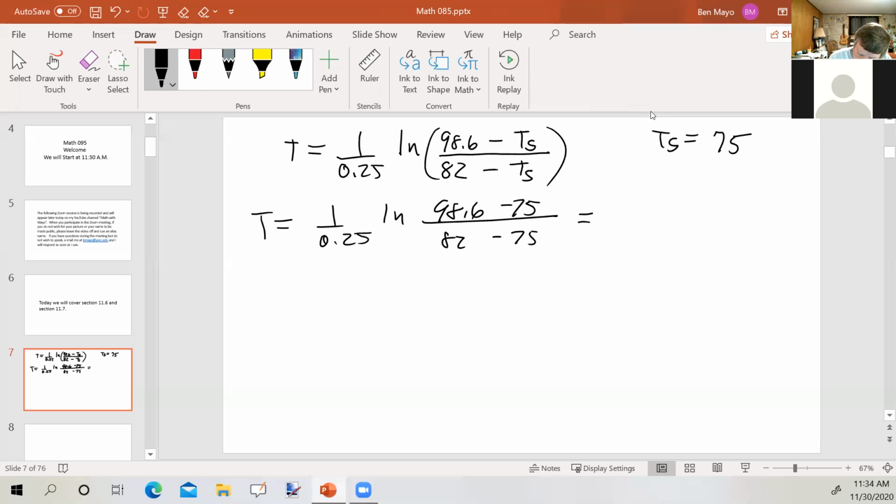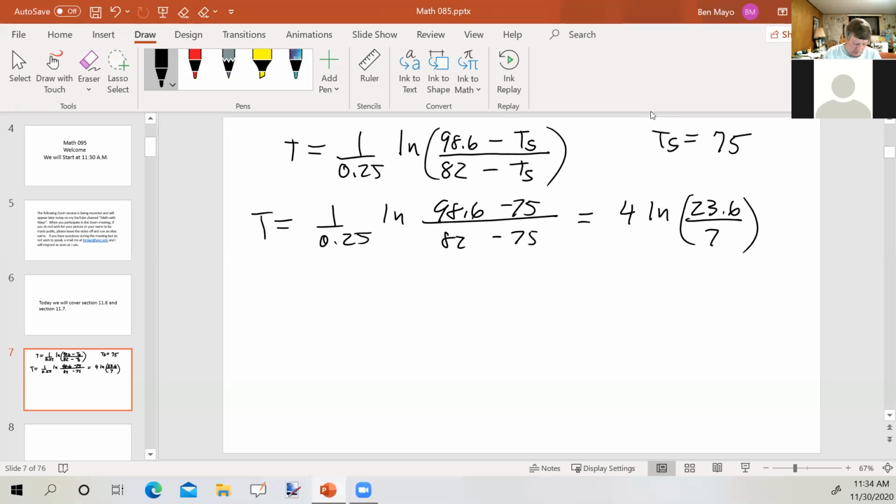1 divided by 0.25 would equal 4. And then the natural log of 98.6 minus 75, which would be 23.6, and 82 minus 75 would be 7.